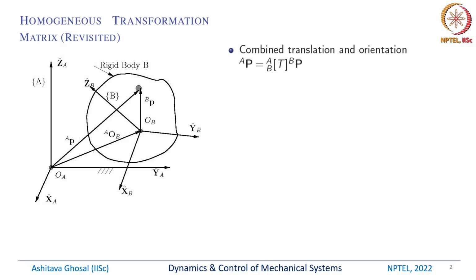So to represent combined translation and orientation of this rigid body B with respect to the A coordinate system, we propose to use 4x1 homogeneous coordinates, in which we took the position vector and added a 1. So our normal position vector is 3x1.